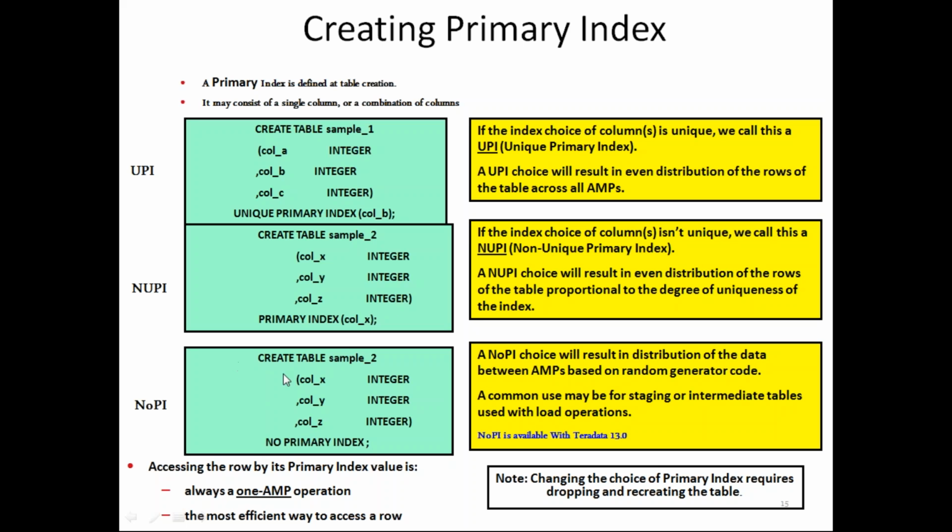While creating the table, if you put the phrase NO PRIMARY INDEX explicitly at the end of the table definition, then it would create a table with no primary index.